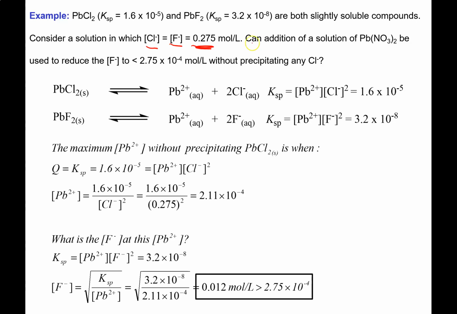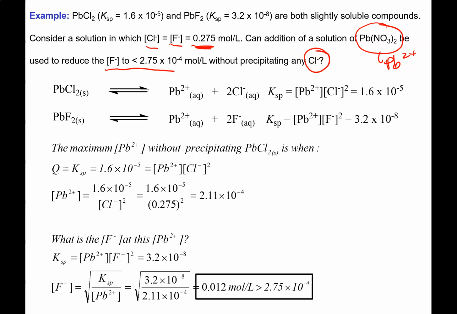Can addition of a solution of lead 2 nitrate, a source of lead 2 plus ions, be used to reduce the fluoride ion concentration to less than 2.75 by 10 to the minus 4 moles per liter without precipitating any chloride?